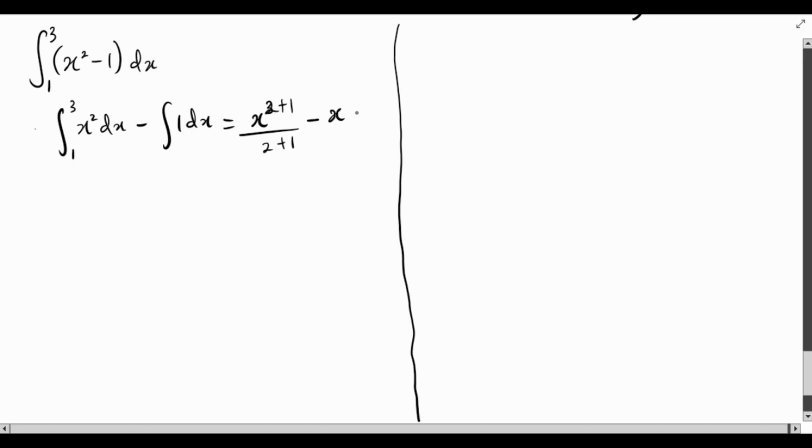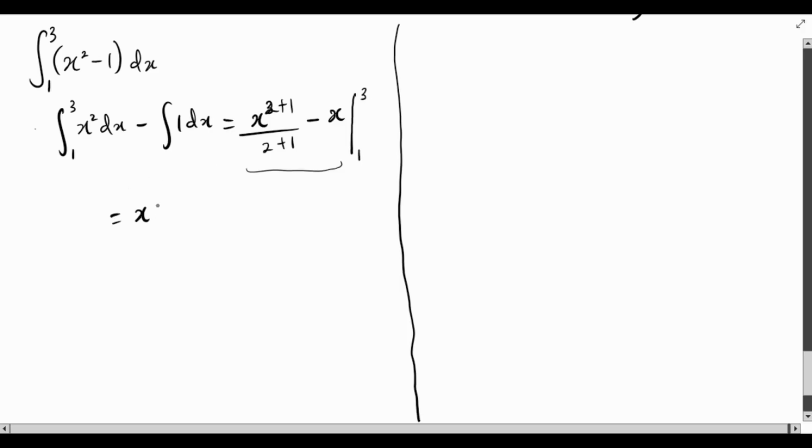So x, there's no power here, the power is 1 in fact. Now, do I need my k? I don't need k here. What I'll do is put this straight line at the side of these two of them, and I'll put my range, which is 1 to 3.